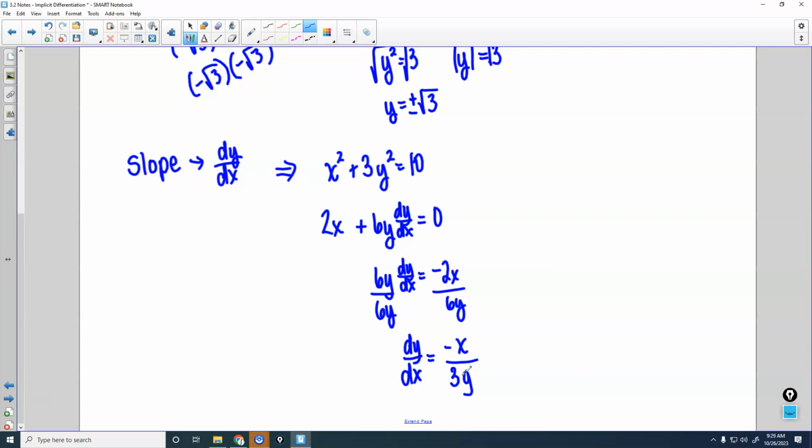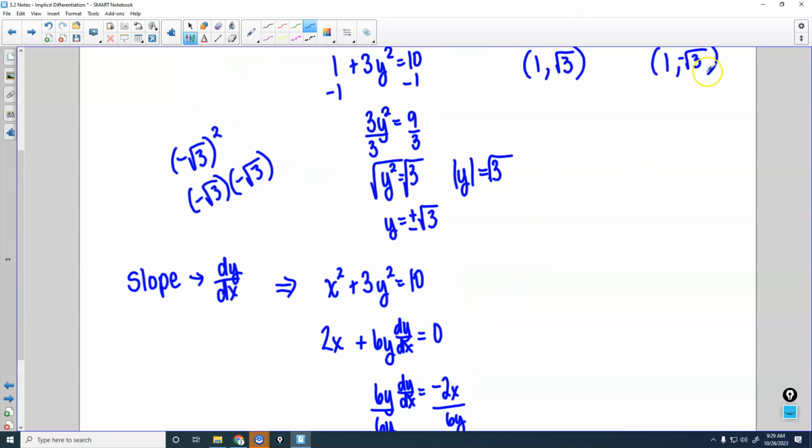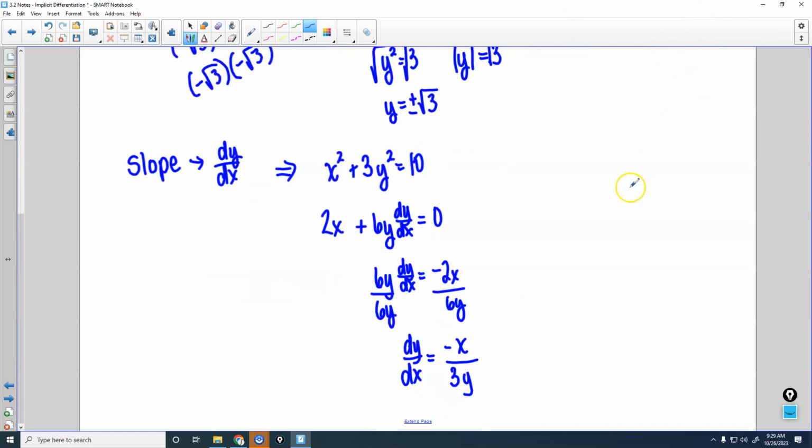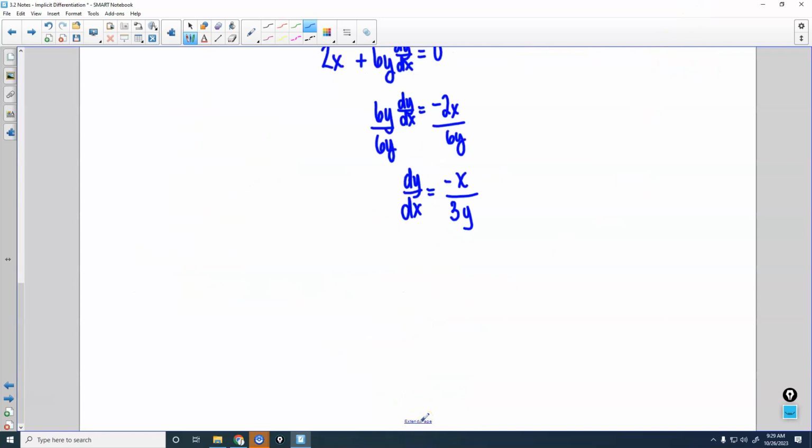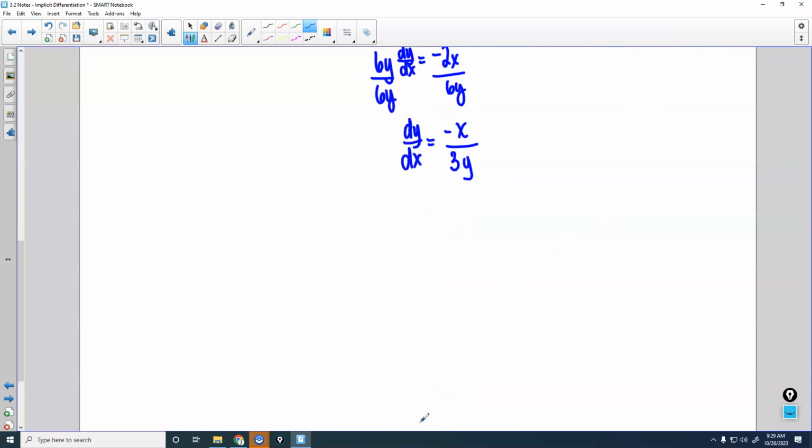Now, for our other problems, we would plug 1 into our derivative. But if I plug 1 into this derivative, it still has a y in it, correct? So this is one reason you need to find your points first on this. At this point, we're kind of splitting into two different answers because we're going to have two different tangent lines.